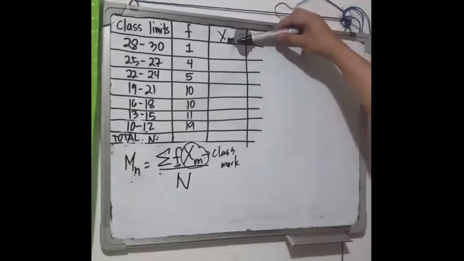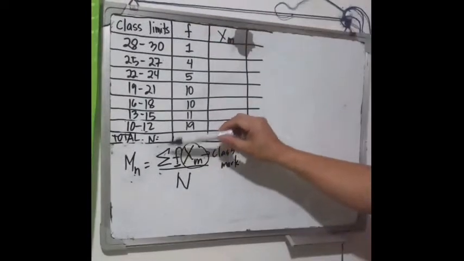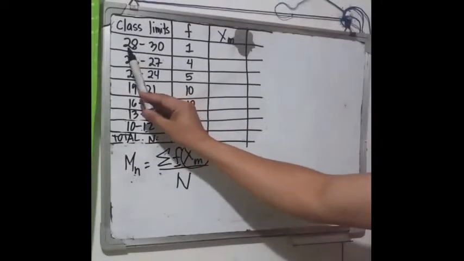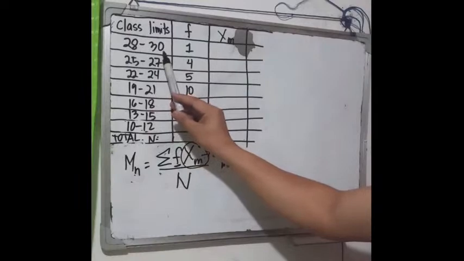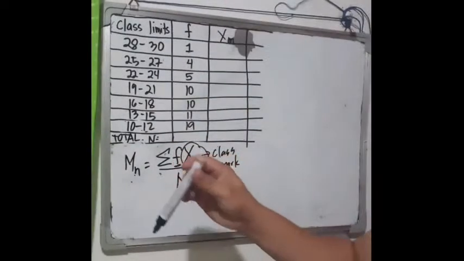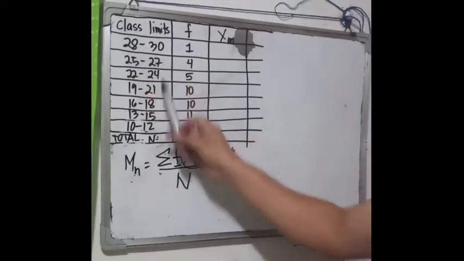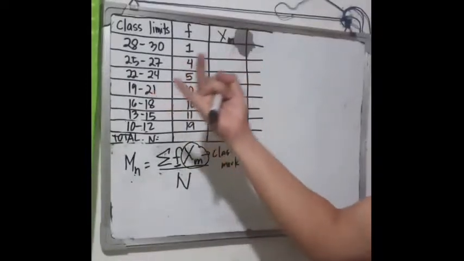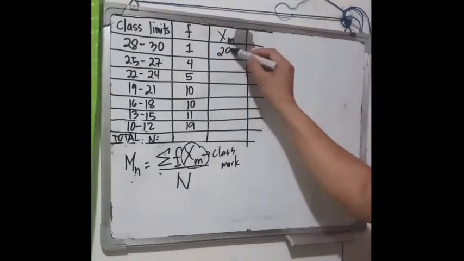X sub m. We base it on the class limits. When you say x sub m, that is the midpoint of its class. So what is our midpoint here? 28 to 30, what is our midpoint or center? Okay, or the center of these class limits. So we have 28, 29, 30. So the center is 29.